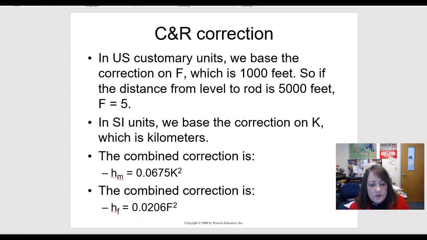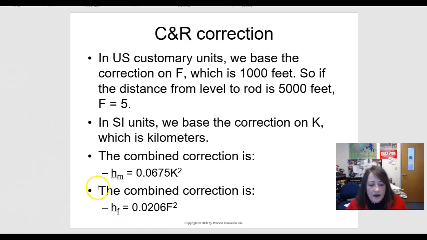It can be a decimal number as well. If it was an even mile, 5,280 feet, capital F would be 5.280.